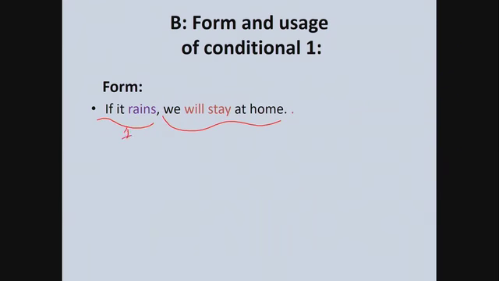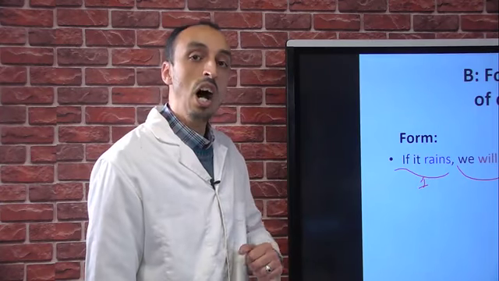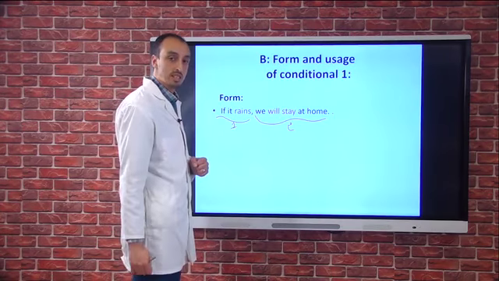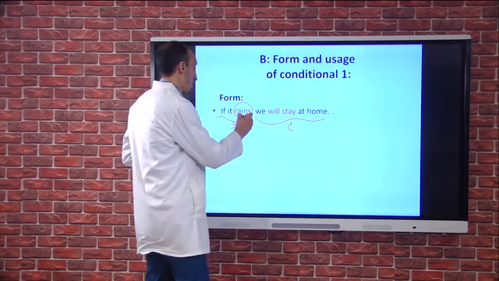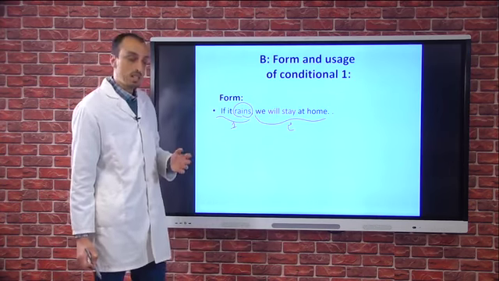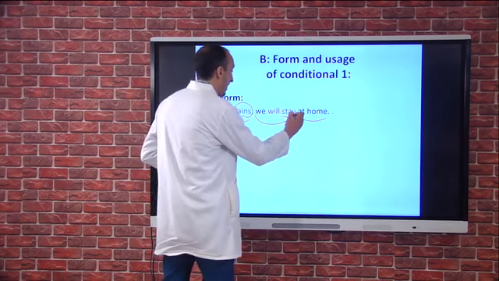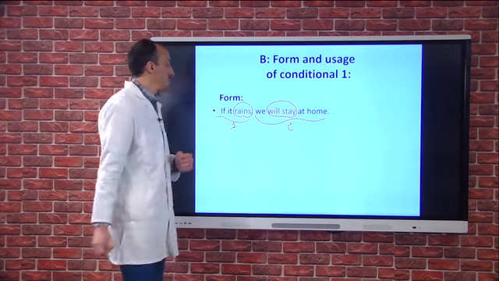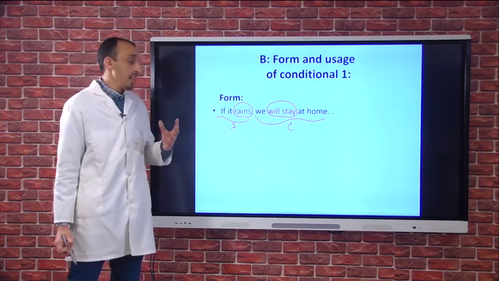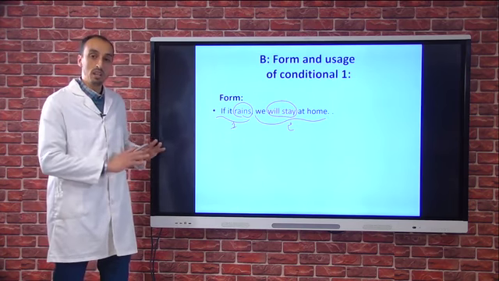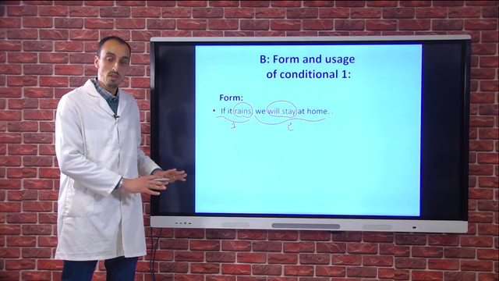Clause number 1 and clause number 2. Let's ask another question. How many verbs are there? Perfect. We have 2 verbs: rains and will stay. Okay? So, if it rains, we will stay at home.